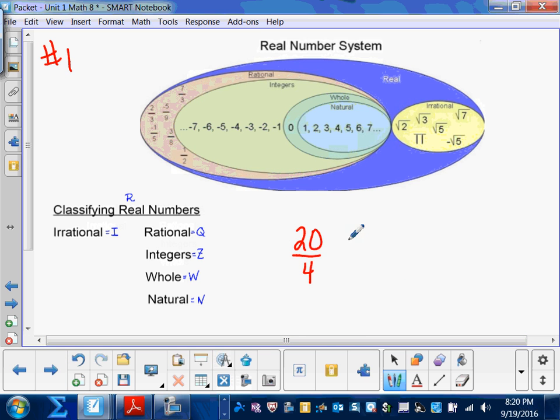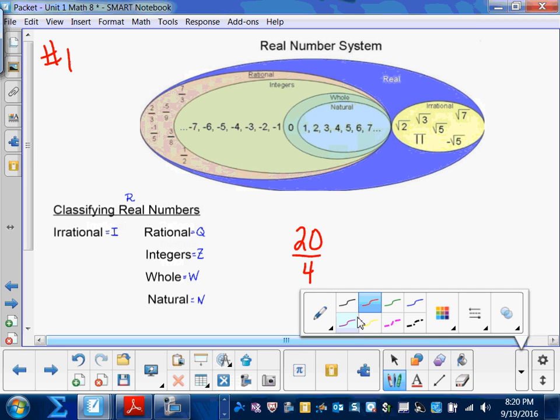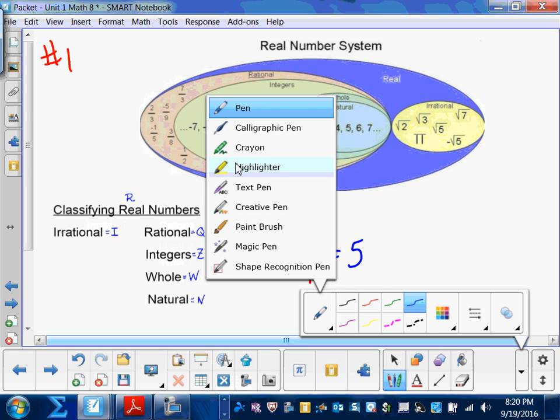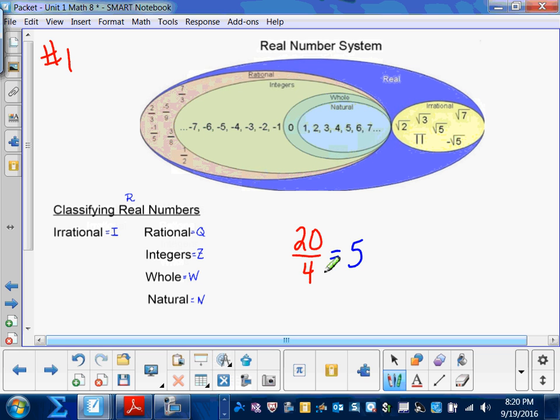This first example, we have the ratio 20/4. But before we classify this, we want to see if we can simplify it. And we can. 20/4 is equal to 5. Well, 5, that's a natural number. So let's pick up all the different classifications for the number 5. 5 is a natural number.